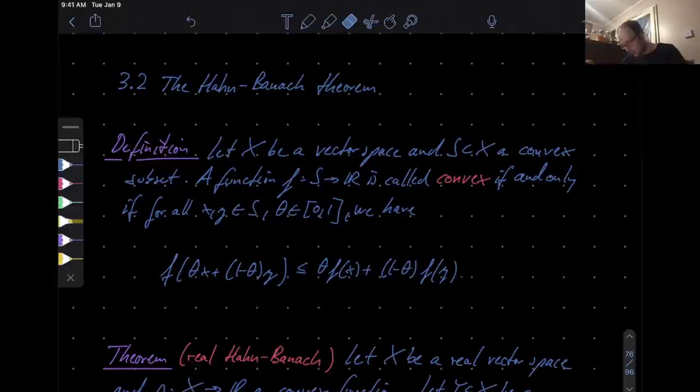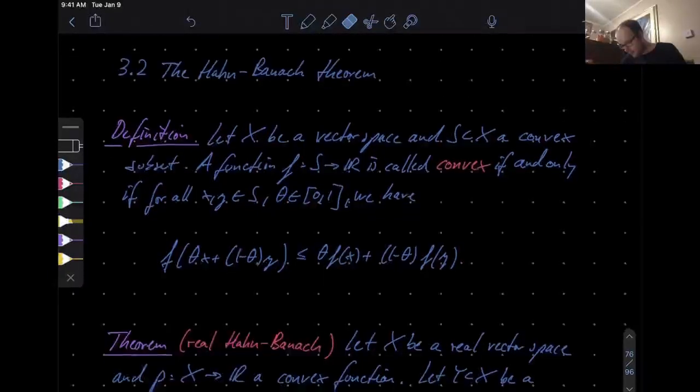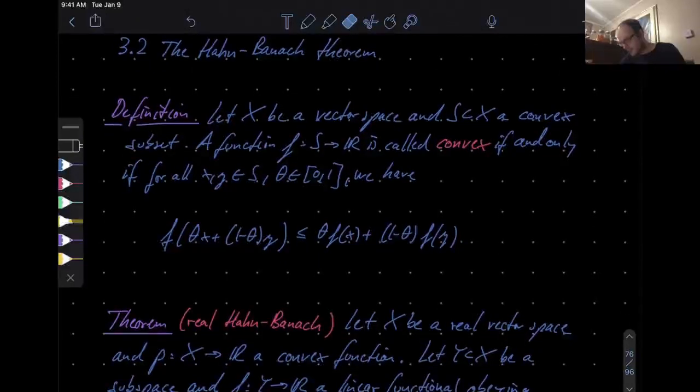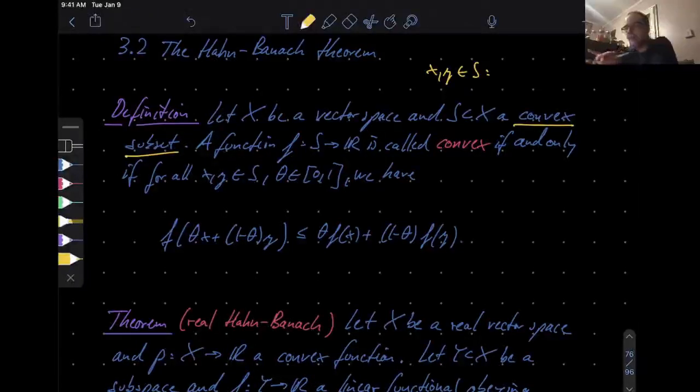So first we need to prepare some notions here, might be known from undergraduate analysis. If you have a vector space X and S a convex subset, so remember, convexity of a set means that if you have two points x and y in the set, then geometrically the straight line between those two points is also in the set.